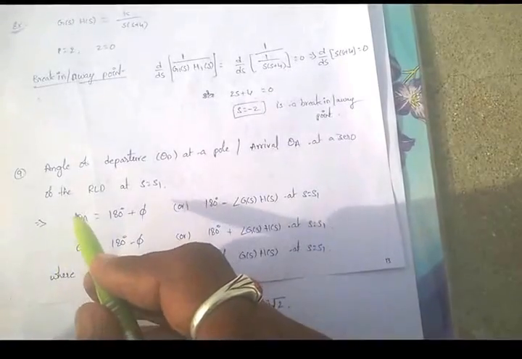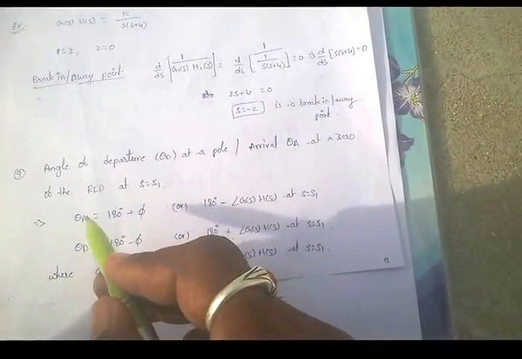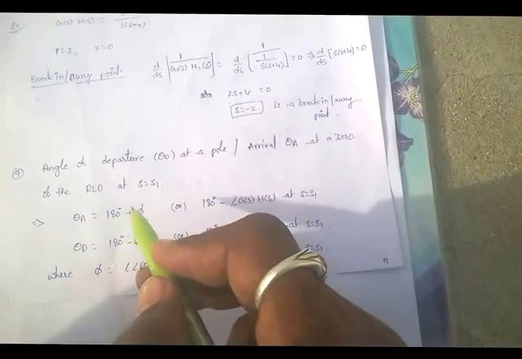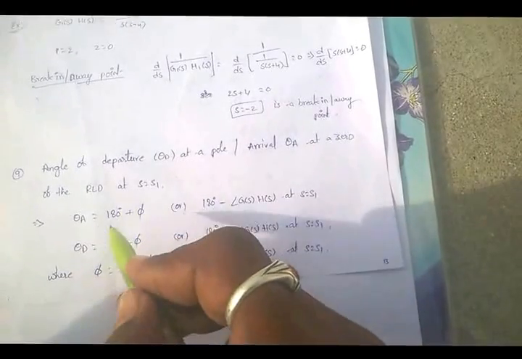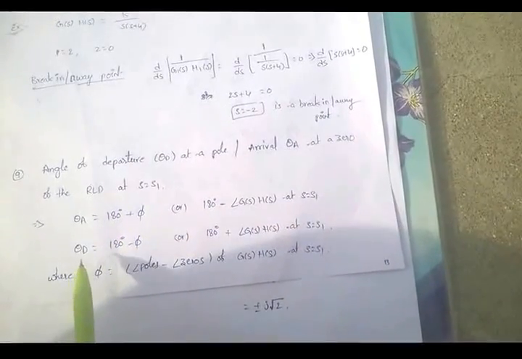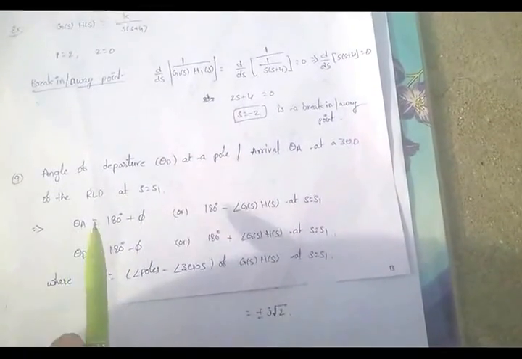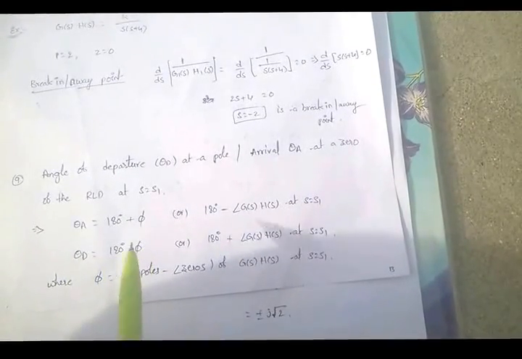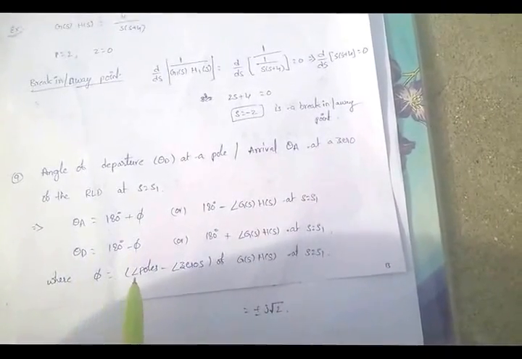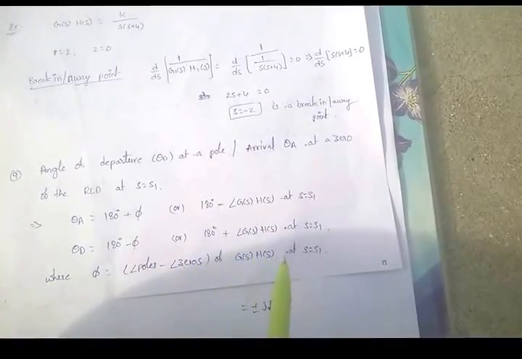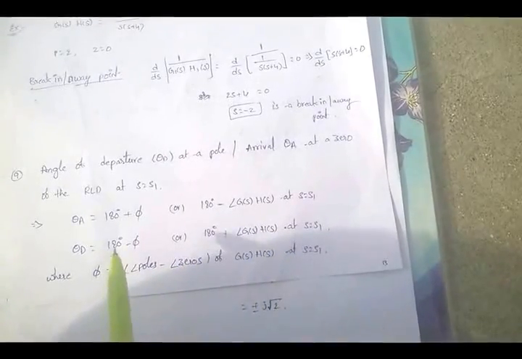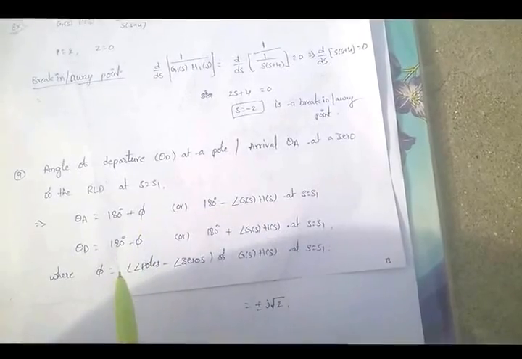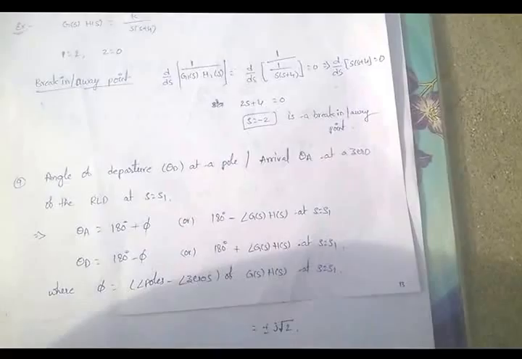Angle of arrival theta a equals 180 plus phi, and angle of departure theta d equals 180 minus phi, where phi is the angle of poles minus the angle of zeros of g of s into h of s.